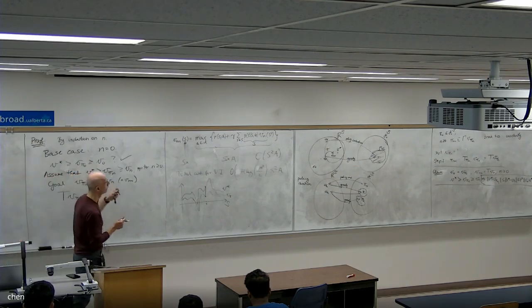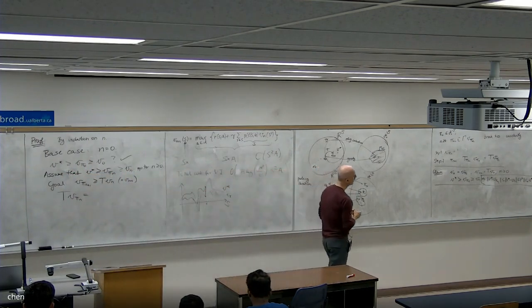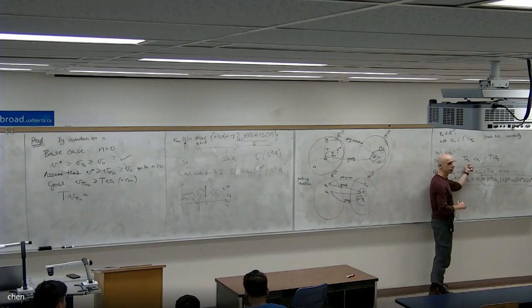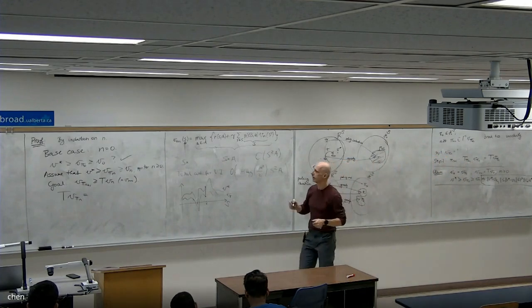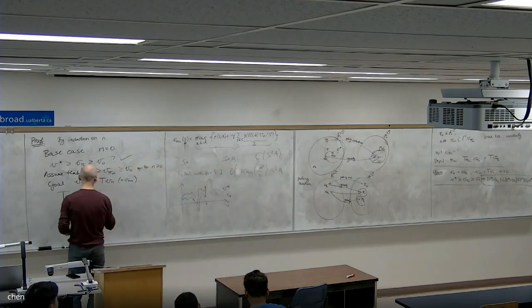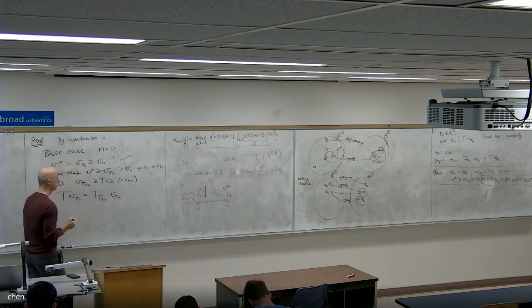Let's use that. So T of v pi n is T of pi n plus 1 applied to v pi n. This is what we know.